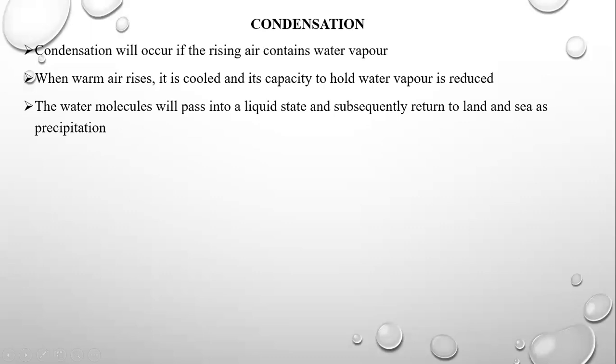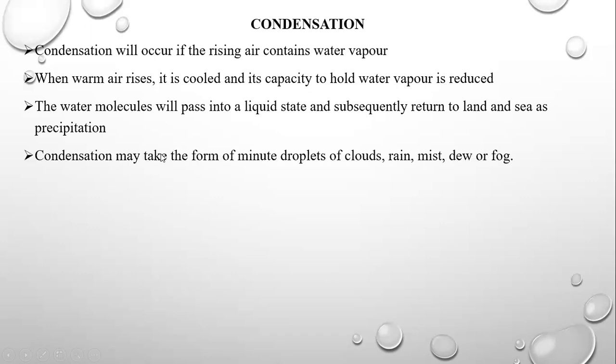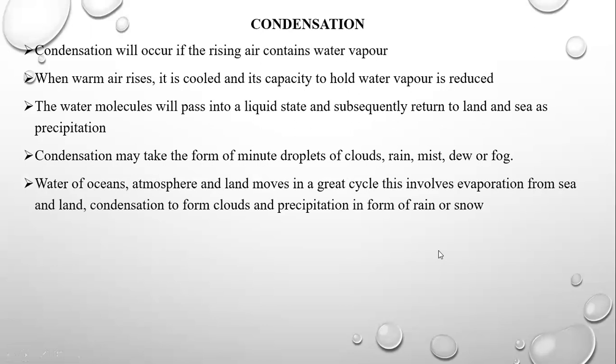Now, when we say precipitation, we mean rainfall, snow, hail, different forms of precipitation. Condensation may take the form of minute droplets of clouds, rain, mist, dew, or fog. So all those are forms of precipitation.